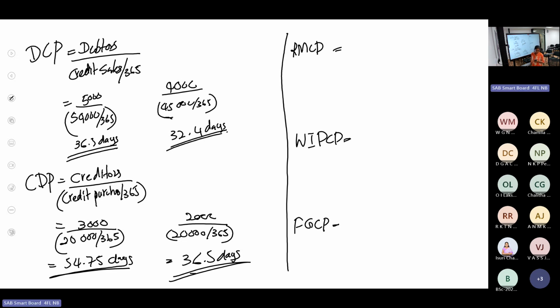Raw material conversion period: we know raw material inventory divided by daily raw material usage. Raw material inventory 2,000 and 1,000. Annual raw material usage given as 30,000 and 28,000.